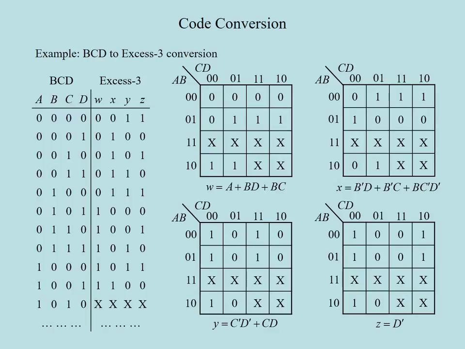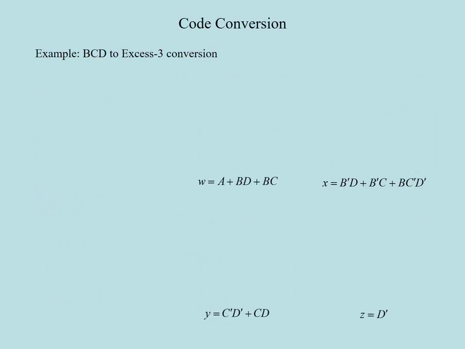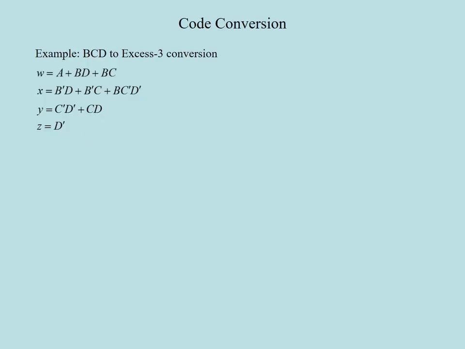What else can we do if we aim for a circuit with a minimum number of gates? Let's have a closer look at these Boolean expressions. It seems that the term C or D can be factored out in W and X. We can write W as A or B ANDed with C or D. Also in X, we can factorize out C or D from the first two terms, as well as the third term.